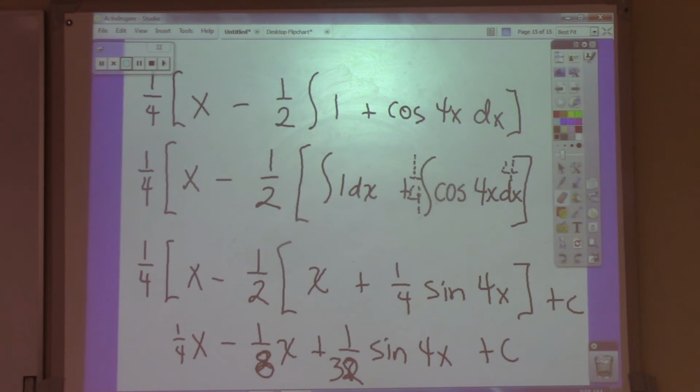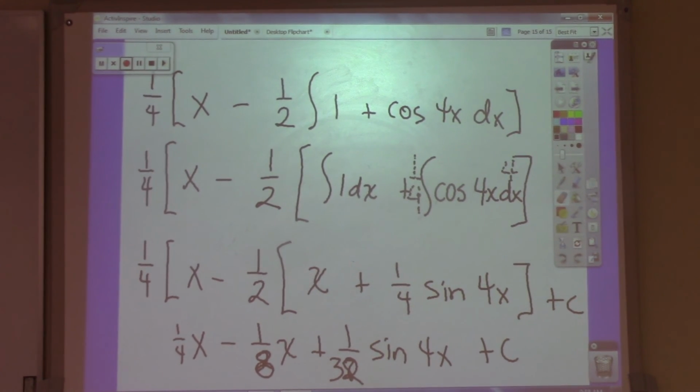You can factor out if you want to, but that's what I got. The 1/8 x and the 1/4 x you can combine.